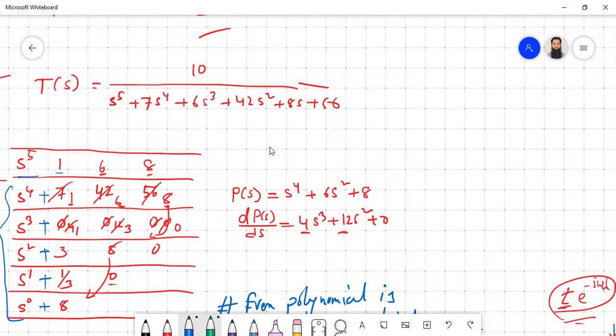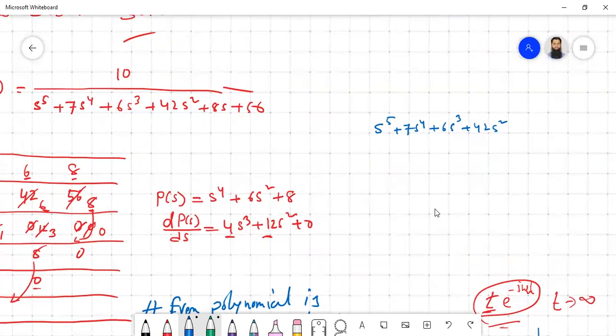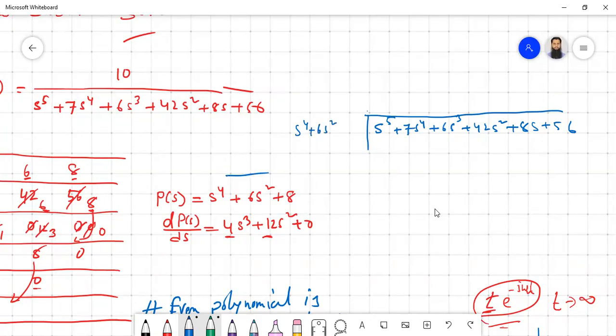So s to the power 5 plus 7 s to the power 4 plus 6 s cubed plus 42 s squared plus 8s plus 56. So if you want to find out the other pole, then you can just factor it out. So the even polynomial is this one, s to the power 4 plus 6 s squared plus 8.